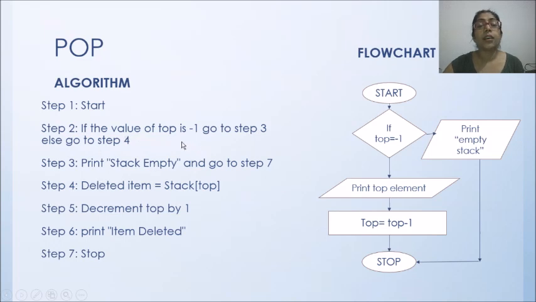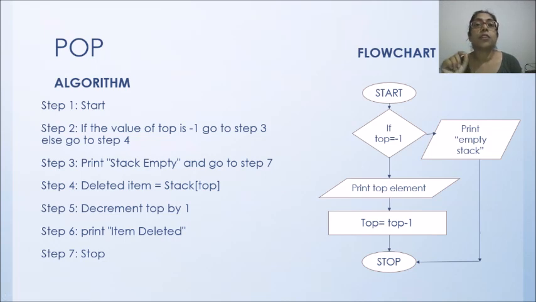One more thing you have to check at the time of pop. Suppose your stack is empty, then there must be a message that it is an empty stack. You cannot pop any element from an empty stack. So this is the check which you have to code at the time of pop.